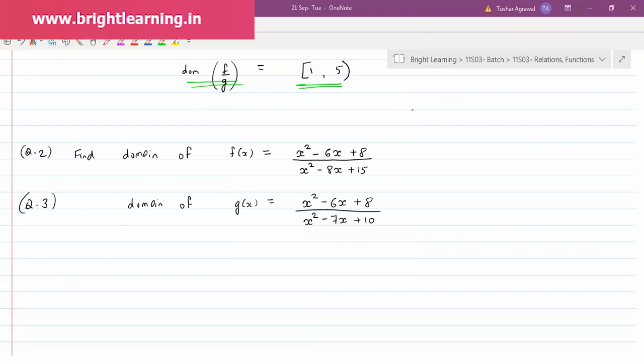Pujita, what did you write? 1 and 15. You can unmute yourself, Pujita. Yes, sir. In last class also you said no, sir. Domain and range of f of x, in that manner I did, sir. No, here I'm writing no, but the answer that you have written is in curly braces 1 and 15. That is not an interval. Those are actually 2 points, x equal to 1 and x equal to 15.